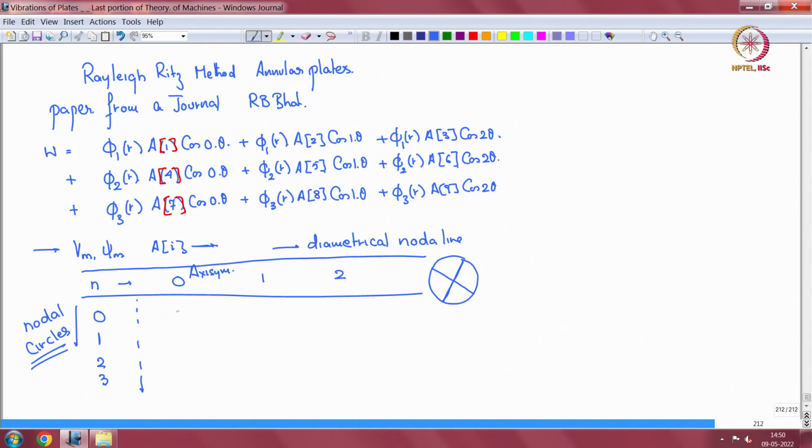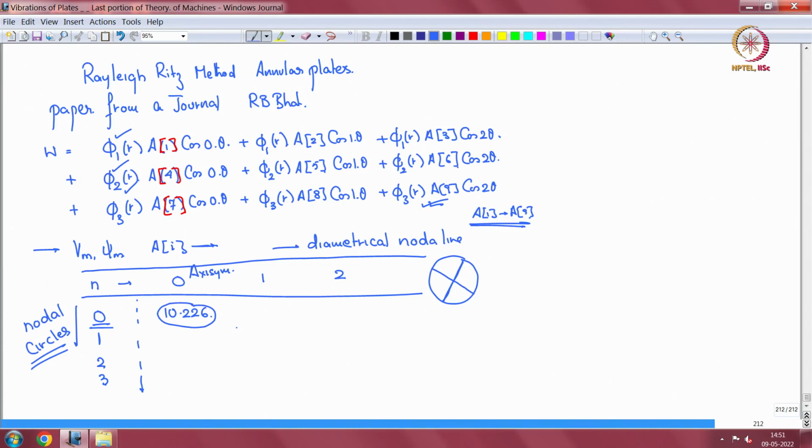So for this set the first value I got is 10.226. I will show you the radial function. At this value of the natural frequency, if I compute the eigenvector, that is A1 through A9, and if I add up the corresponding phi's, then I will get the shape in the radial direction.